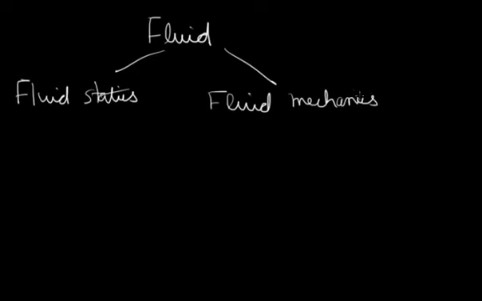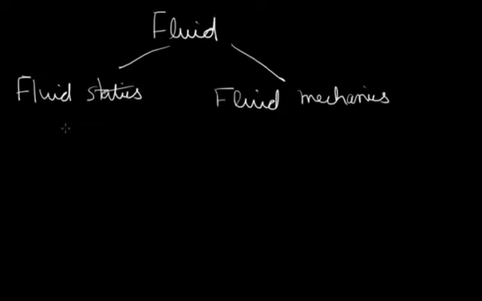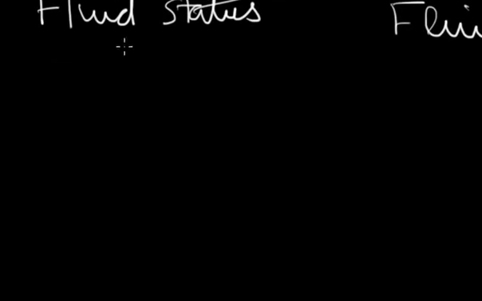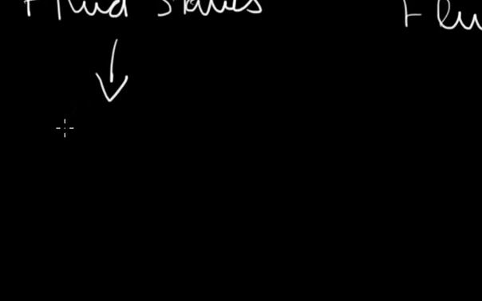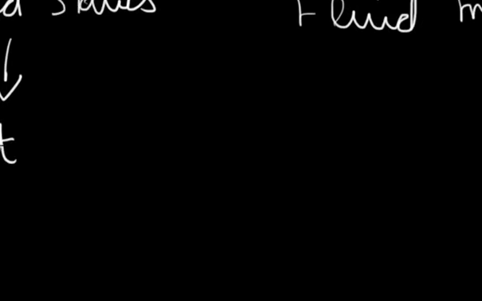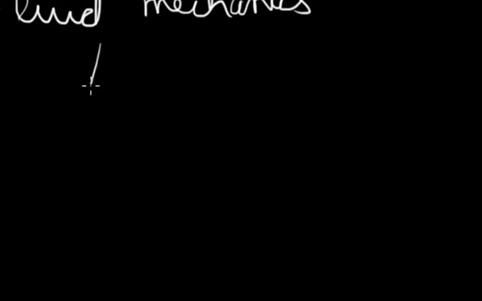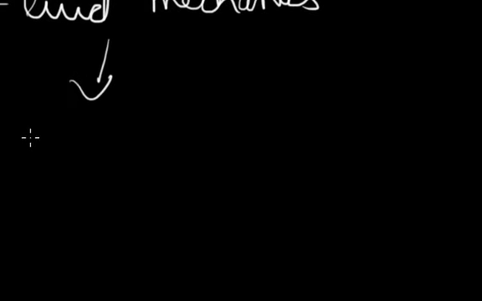Now many students have the feeling that both are the same, but there's a key difference. Fluid statics means that we are dealing with the properties of the fluid when the fluid is at rest. And in fluid mechanics, naturally it means that either the fluid is moving, or the container having the fluid is moving, so the fluid is in motion.